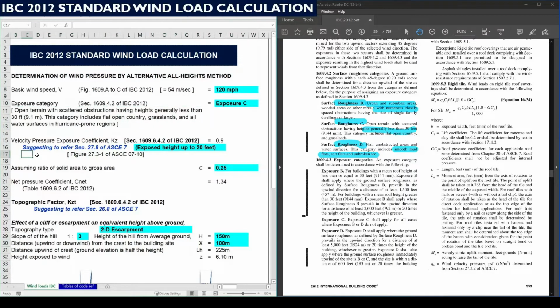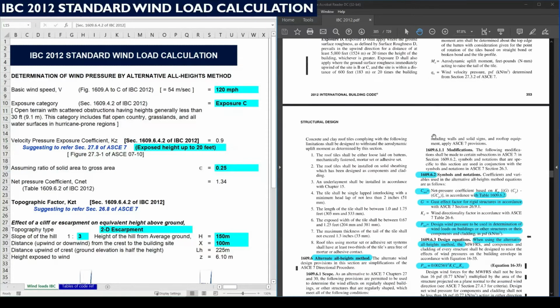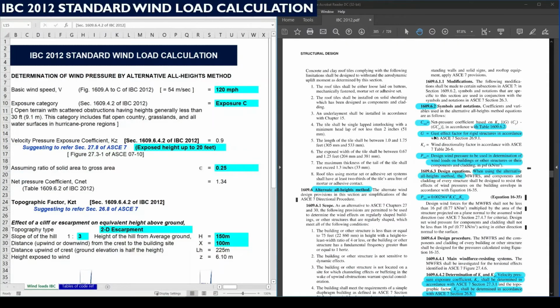Next one is the velocity pressure exposure coefficient. We need to find out Kz. For that, section 1609.6.4.2 is to be referred, on page number 385.